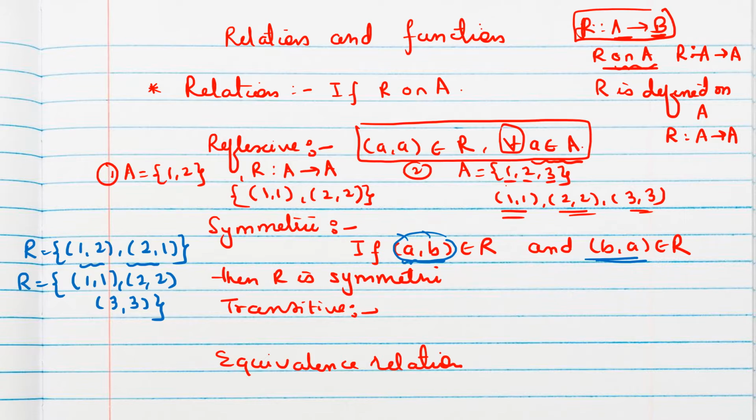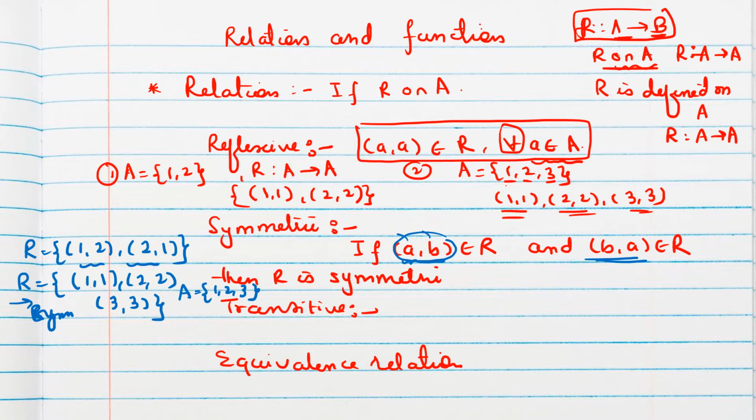By default, it will be symmetric. So this relation is symmetric. If defined on A where A is {1, 2, 3}, this relation is reflexive also, because (1, 1), (2, 2), (3, 3), all elements are there.